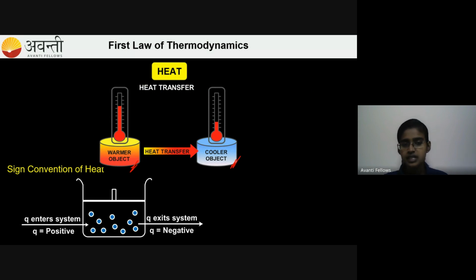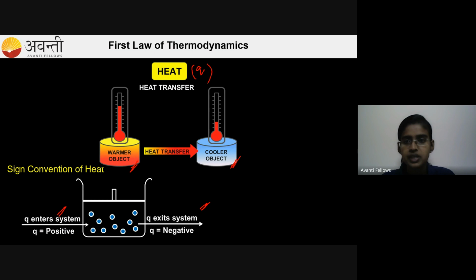If the heat is denoted by the letter Q, and the heat is entering into the system, as you can see in this picture, then the value should be positive. And if the heat is released from the system, going out of the system, then the Q value should be negative.